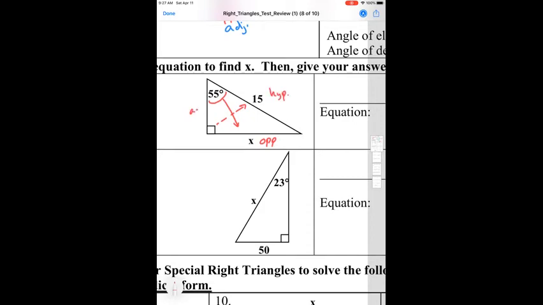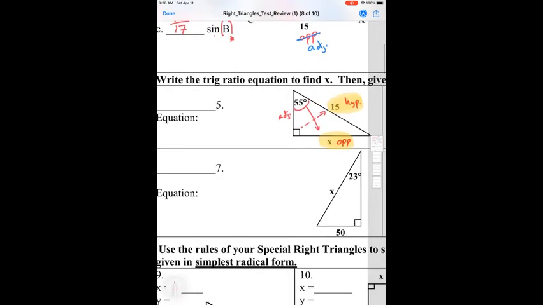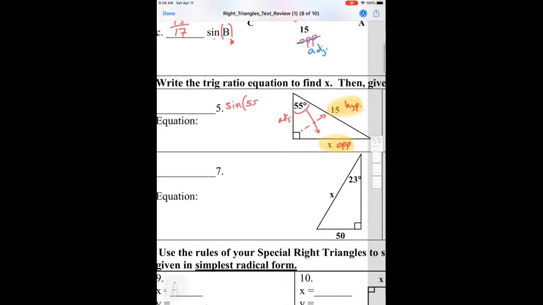If I wanted to label the other side, that's adjacent, but that's not really important, because what is important is I have information for the hypotenuse, and I want information for the opposite side. The only function that has both opposite and hypotenuse in it is my sine function, and that's what I would use. So I would have sine of my angle of reference, which is 55, equal to the opposite side, which is x, over the hypotenuse, which is 15.